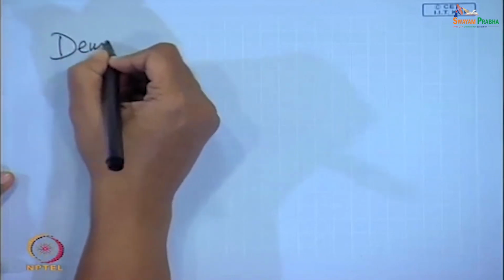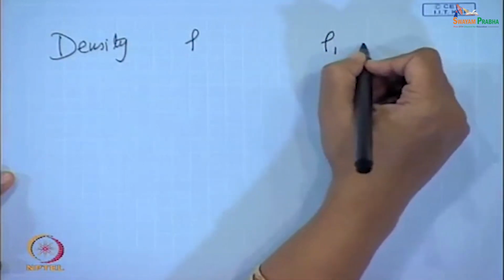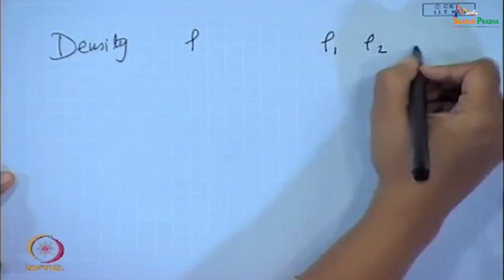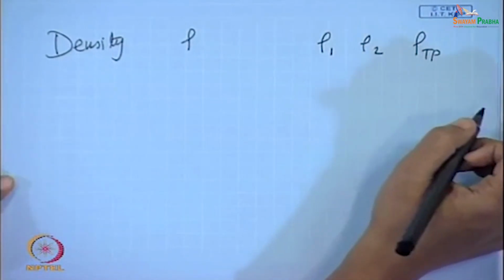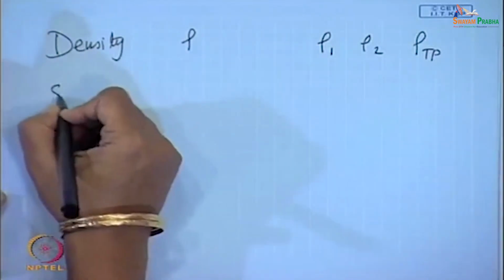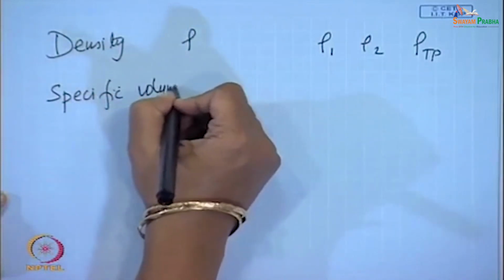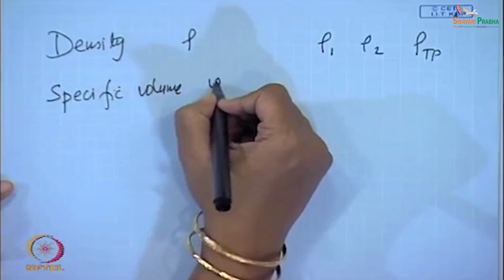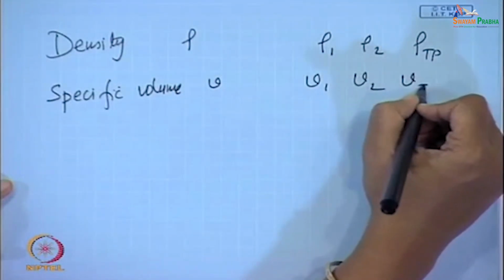Next is the density. In this case it is rho, here we have rho 1, rho 2, and we also have a mixture density rho TP. How we will be defining it, you already know and we will be discussing it later. Next we have the specific volume. I have a slide for this as well, so I will be showing you the slide after I complete this, and VTP.